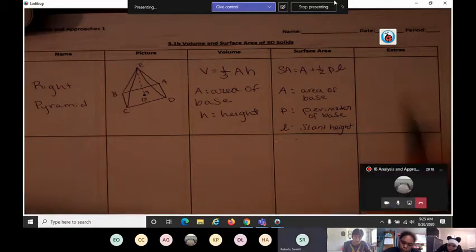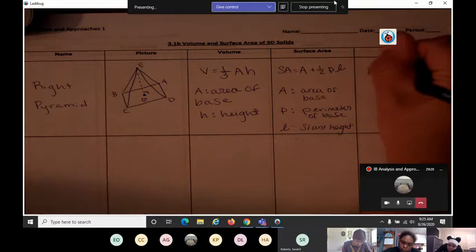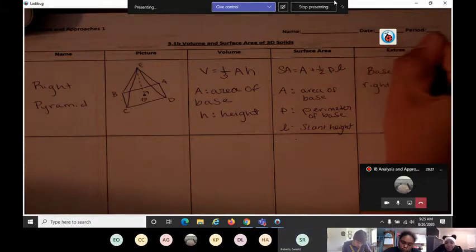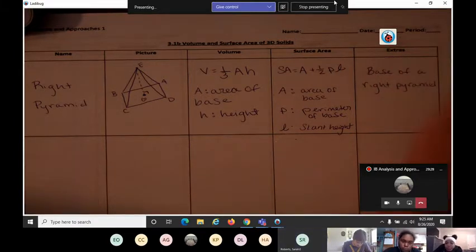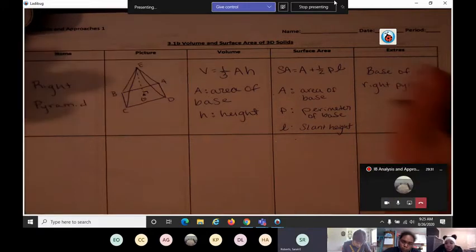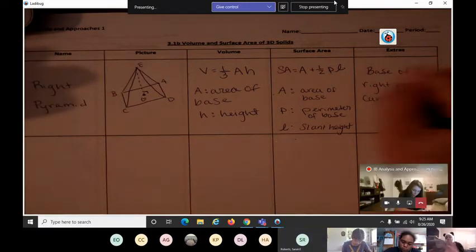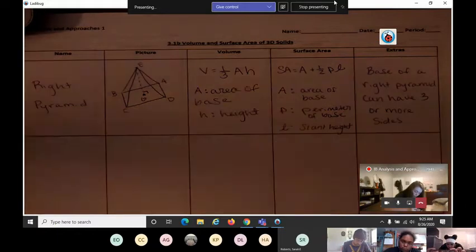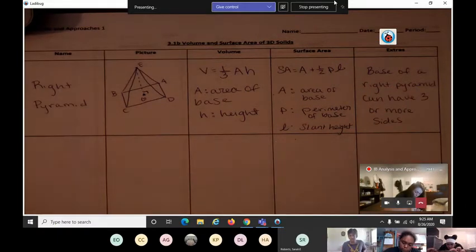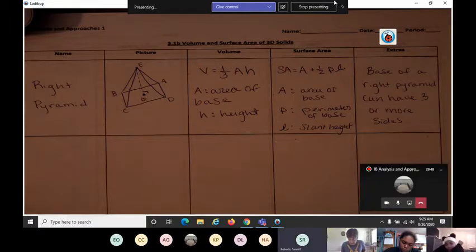Okay, and the base of a right pyramid can have 3 or more sides. Okay, what questions do you guys have about that?